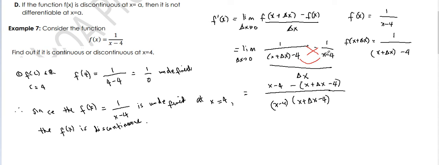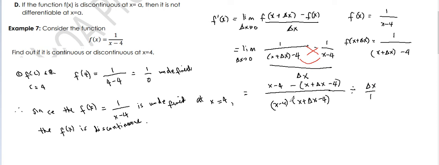Tapos, para makakuha natin yung ating numerator, cross-multiply lang natin sila. So, x minus 4 times 1, that would become x minus 4. Since ang ating operation ay negative or minus din dito, and then dito naman, yung isa naman na denominator, multiply sa 1. So, ito po yung nangyari. Okay? And then, meron pa yung all over delta x, or pwede po natin itong isulat as divided by delta x over 1.